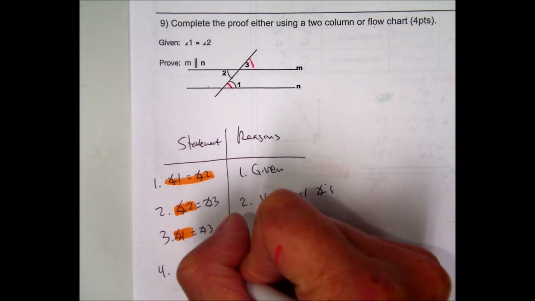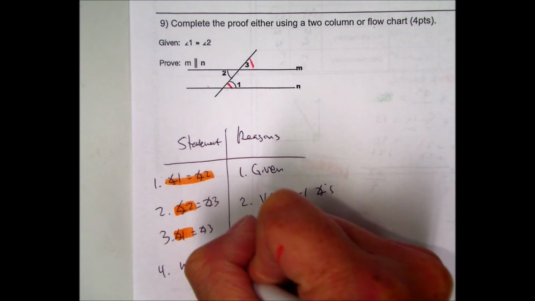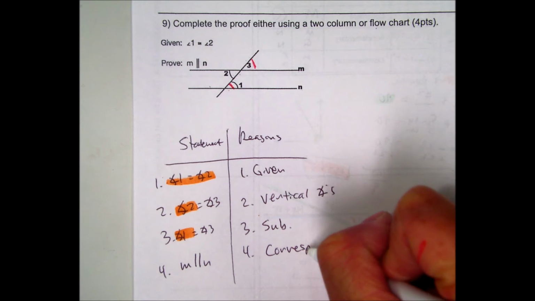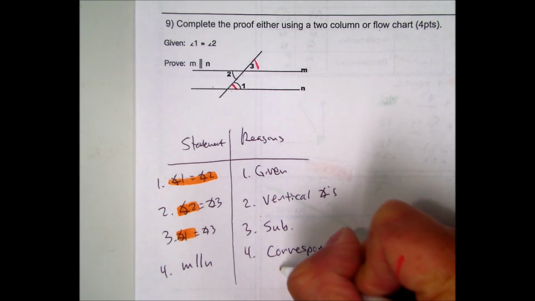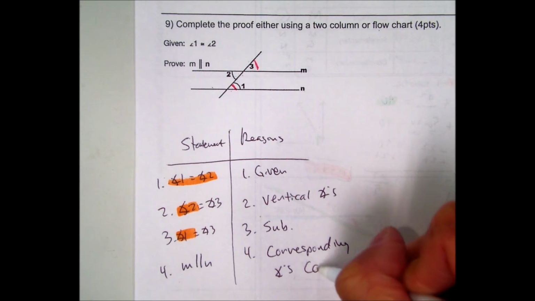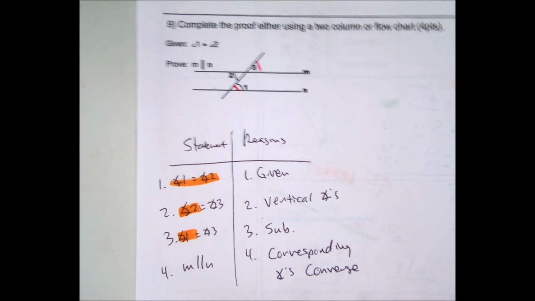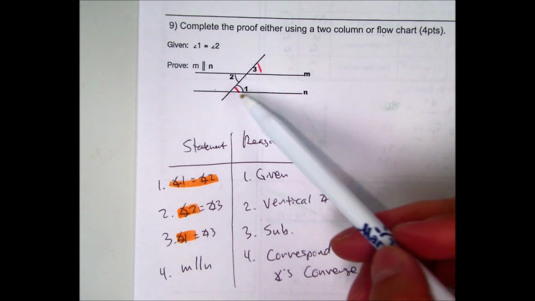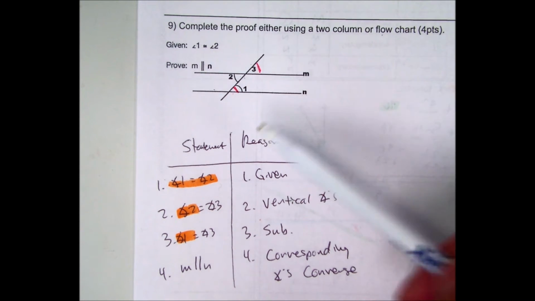So I can prove lines M and N are parallel, corresponding angles converse. If you didn't have the word converse and you had all of this, you only get 3 out of 4 points. The reason why the converse says if corresponding angles are congruent, then the lines are parallel.